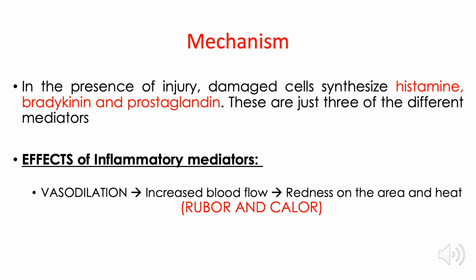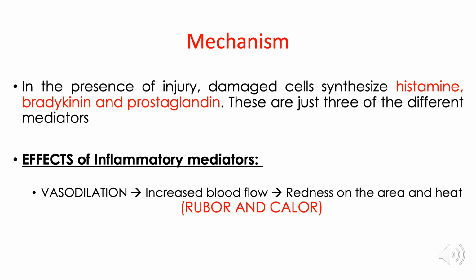The mechanism behind the redness and heat, or rubor and calor, is the release of histamine, bradykinin, and prostaglandin from the damaged cells. I hope you can recall that when the sharp object pierced through the skin, it caused damage among the cells present in the epithelium and connective tissue.